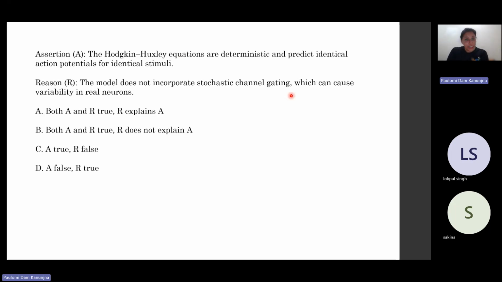The Hodgkin-Huxley equations are deterministic and predict identical action potentials for identical stimuli, right? The model does not incorporate stochastic channel gating, which can cause variability in real neurons. What do you think is the answer?